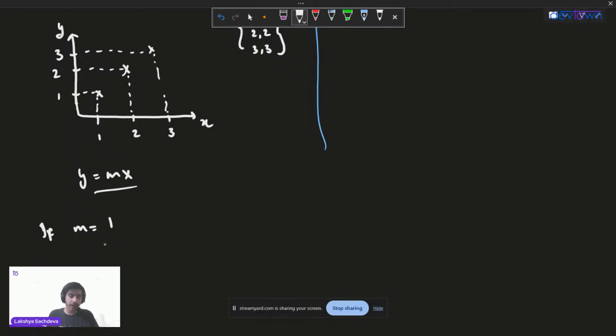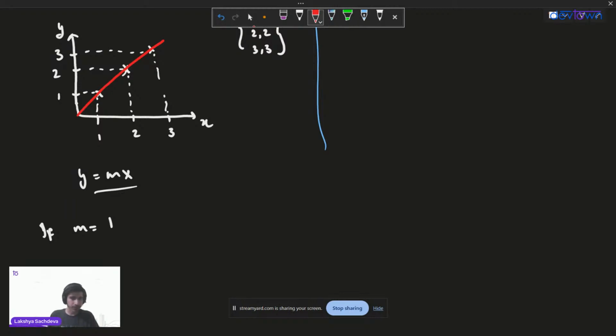When I take m equal to 1, I will get this line. You can check: when I take m equal to 1, then y is equal to x, so I will get a line like this.